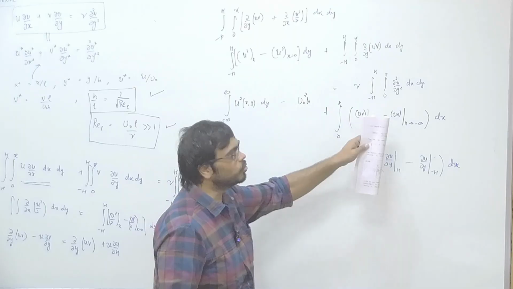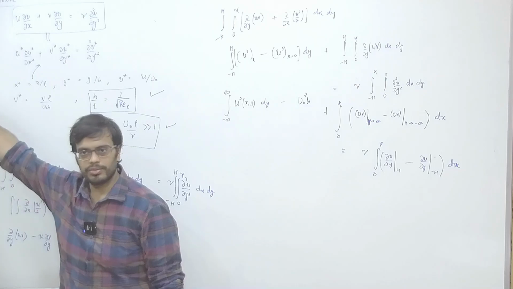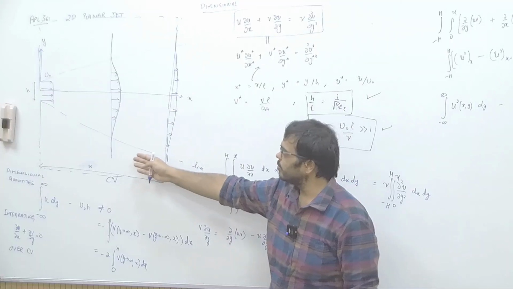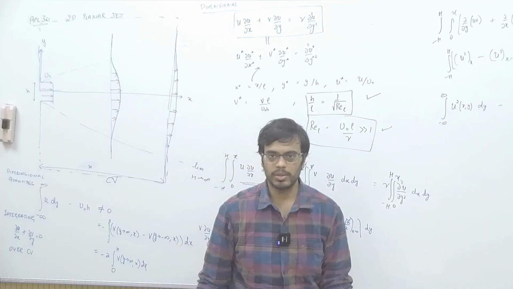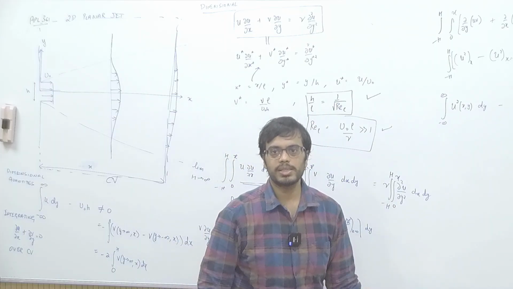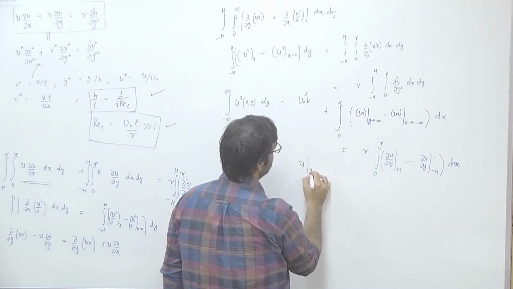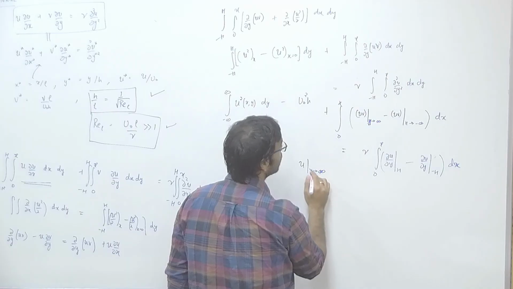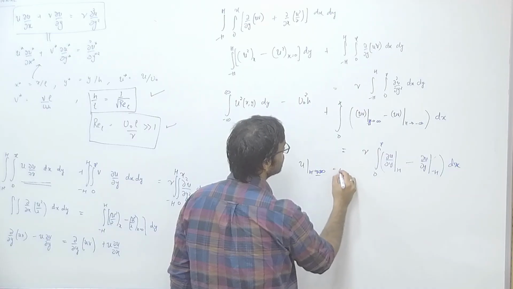But you know that u is going to be 0 for H tends to infinity. That is how we have made this. Far away from the jet, why would there be any x direction velocity? There is no entrainment that has started to happen. So, we say that u for y tends to plus minus infinity is 0.